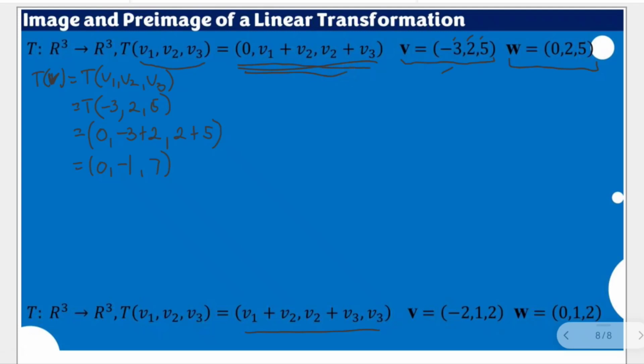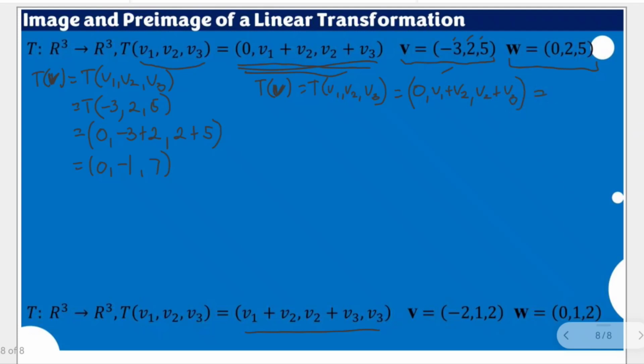But it will be trickier for us to solve for the pre-image. So W here is an element of our codomain, and we're going to solve for its pre-image, in short, a certain vector v. We're still going to use the same process here. The transformation of vector v, with v sub 1, v sub 2, and v sub 3 as mentioned here, is equal to the entire expression, 0, v sub 1 plus v sub 2, v sub 2 plus v sub 3.